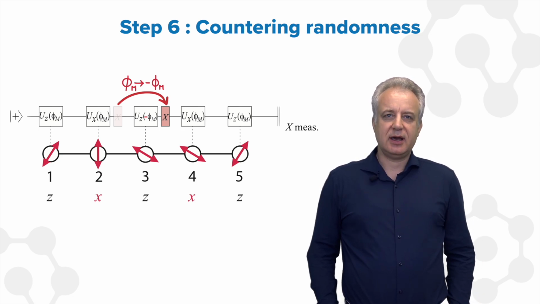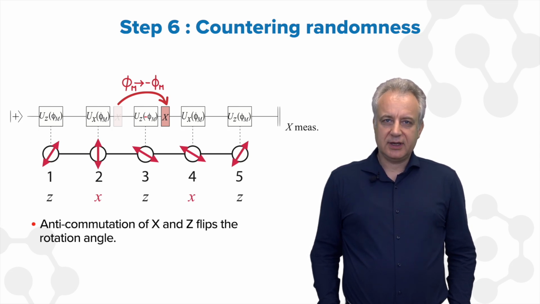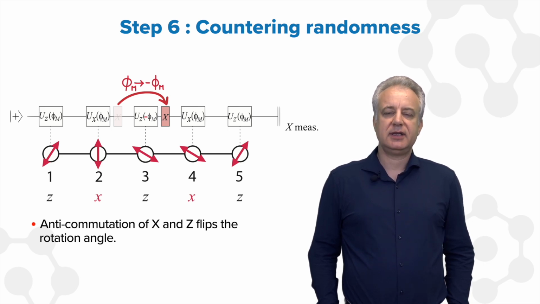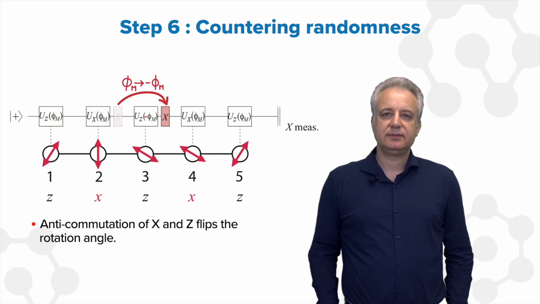What we see now is that the Pauli operator sigma x that is being propagated forward anti-commutes with the Pauli operator sigma z that generates the rotation. And so the effect of the forward propagation is flipping the rotation angle into minus itself. That's all that happens in this step, but it's a significant change. We'll come back to this.